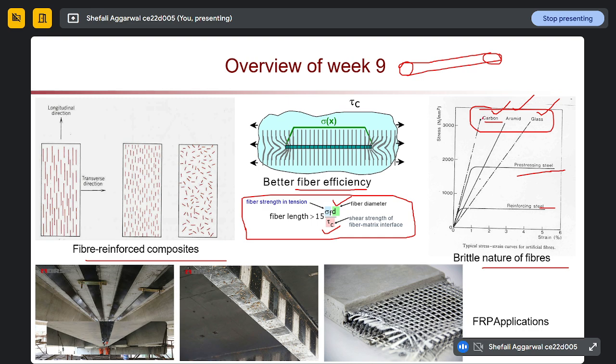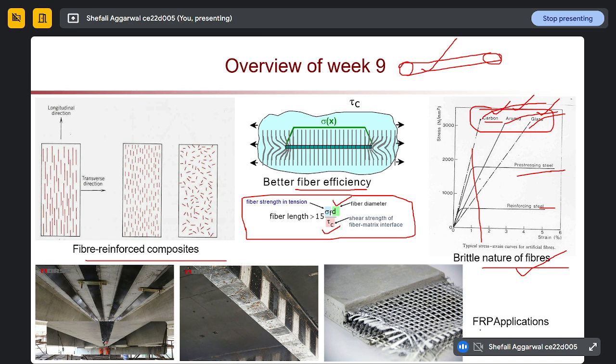You can't see any ductility part or any strain hardening in case of your FRP rebars. So mainly our fibers are brittle in nature. However, they have a higher tensile strength as compared to our normal steel bars. So this is about the FRP rebars.